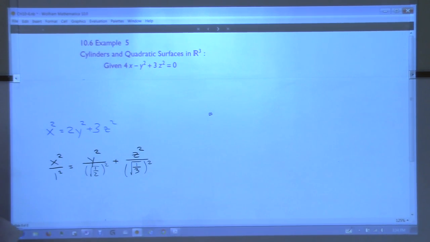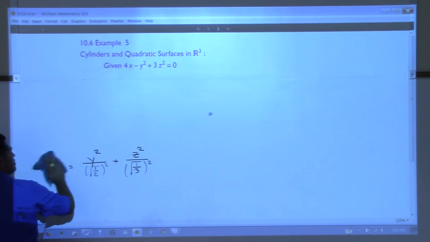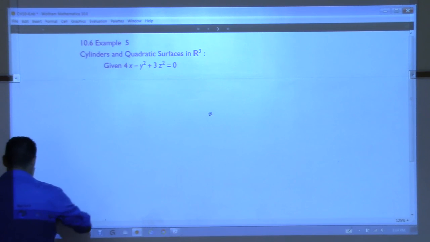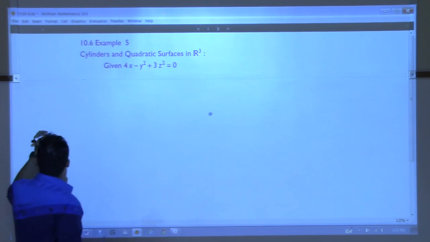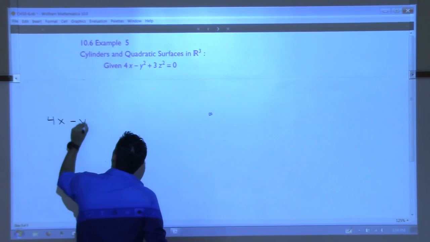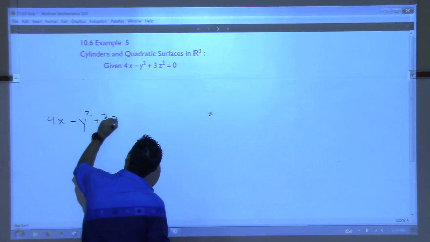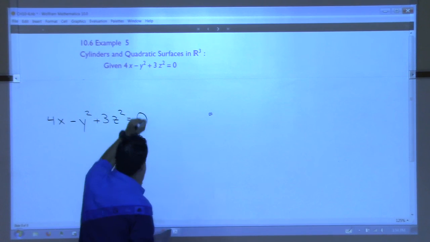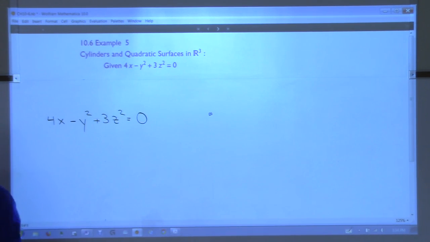All right, how about this one? 2 of the variables are squared, one of them is not. That eliminates quite a few of these already. Elliptic paraboloid or hyperbolic paraboloid?